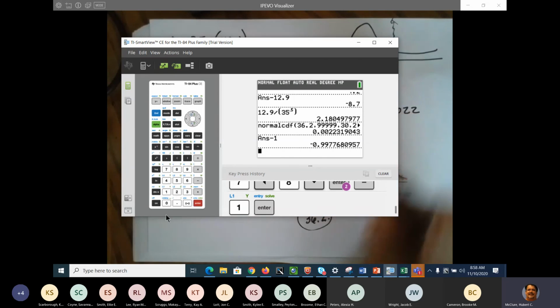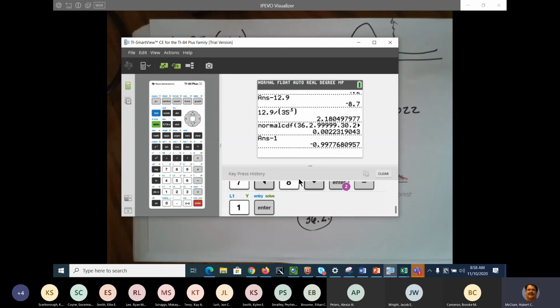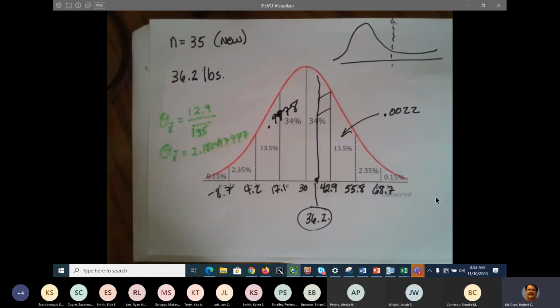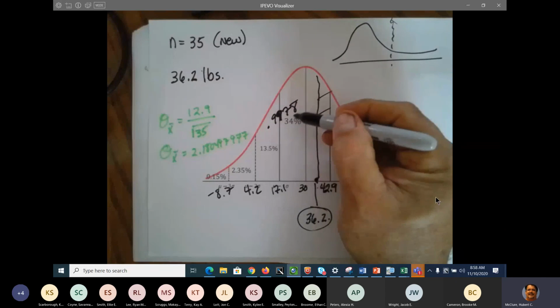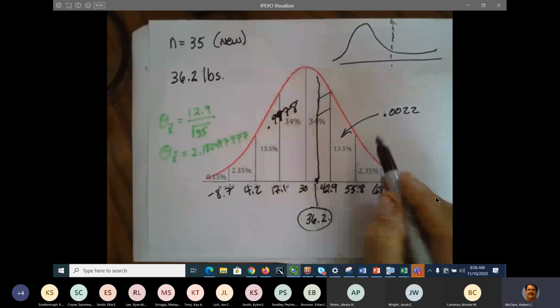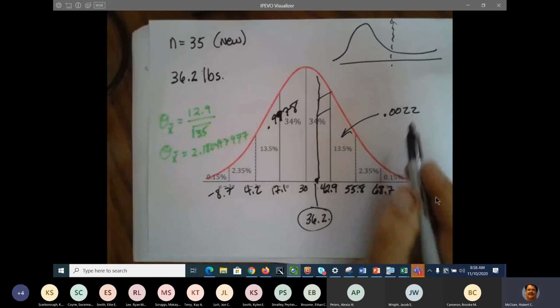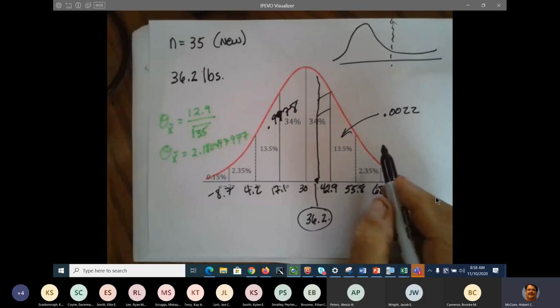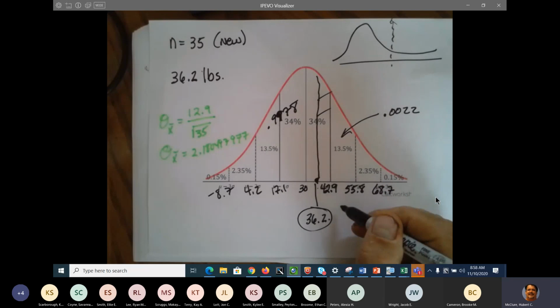The survival rate of 59 and below on COVID. But we need a vaccine. Okay, so 0.9978 is on the left of 36.2 and 0.0022 is on the right. So we're talking 36.2 pounds.